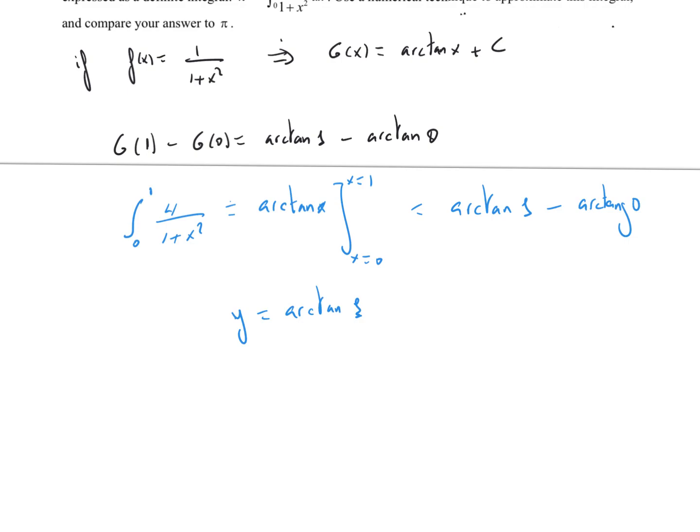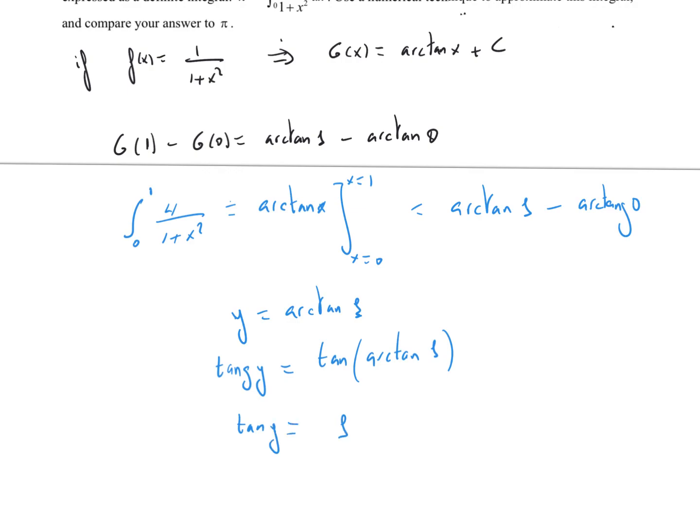I will write y equals arctangent of 1, and because I know that tangent is the inverse function of arctangent, I will apply tangent to both sides of the equation, and tangent of arctangent of 1 is 1. So tangent y is 1.